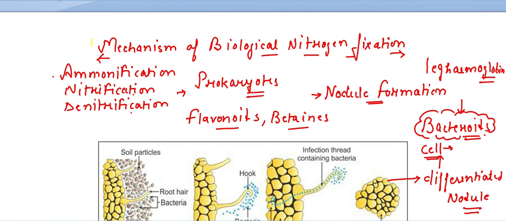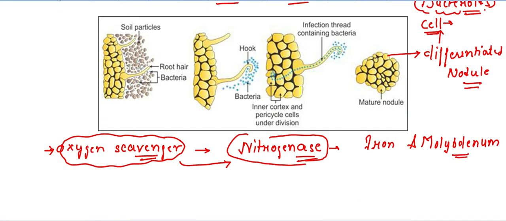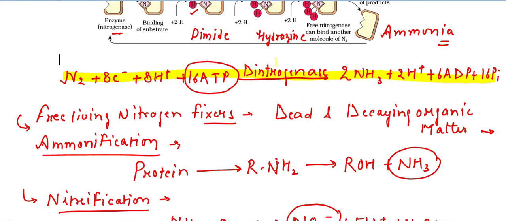These are the three processes: ammonification, nitrification, denitrification, also the pigment leghemoglobin. And these are the chemical attractants from the root hairs to attract the bacteria, and the nodule is formed by the invasion of the bacteria, and the enzyme responsible is nitrogenase, and we have seen the reaction here.